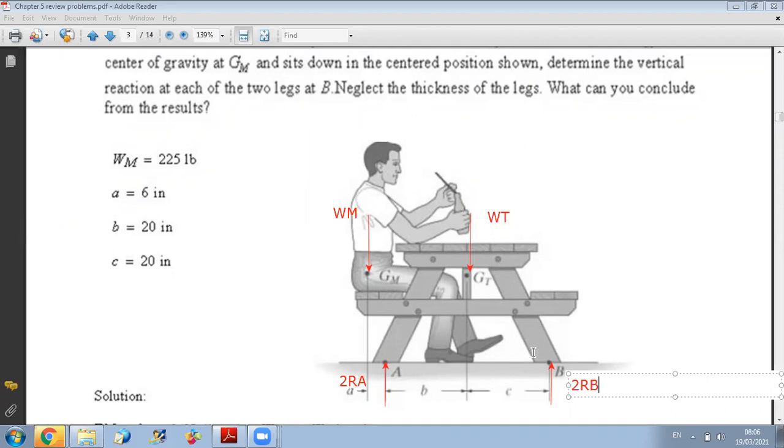Who can tell me why here the reaction at B is the critical one? So if I have a very high weight for the man, what can happen?